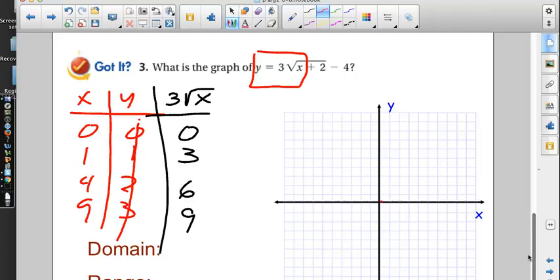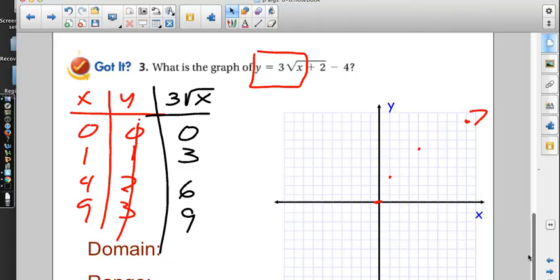So 0, 0, 1, 3, 4, 6, and 9, 9. Everybody see the vertical stretch? Hard not to, right? There's our vertical stretch. And I don't think I'm going to put a lot more dots on that one because I want to know where those points are so when I move them, I can be accurate.